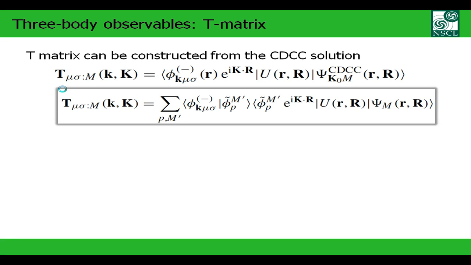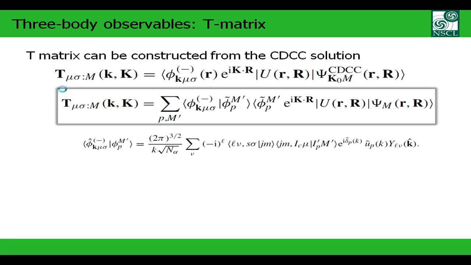So you put a full set here of bins, and then you get this term that comes out directly from your coupled channel solution, times this that relates the overlap of this bin model wave function with the real thing. And so you can construct a T matrix that you can then use to construct the observables you're interested in. And of course it's fun.